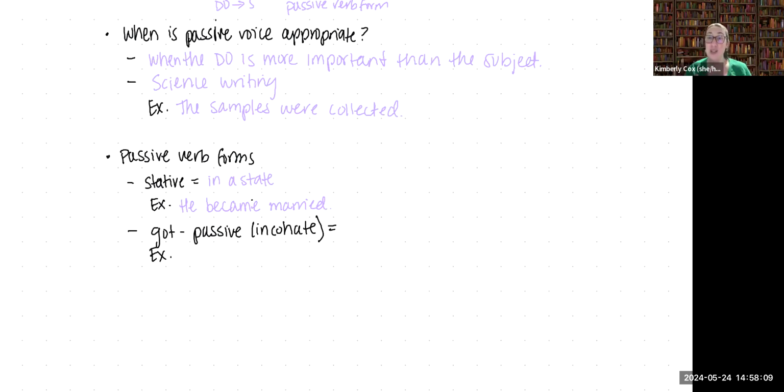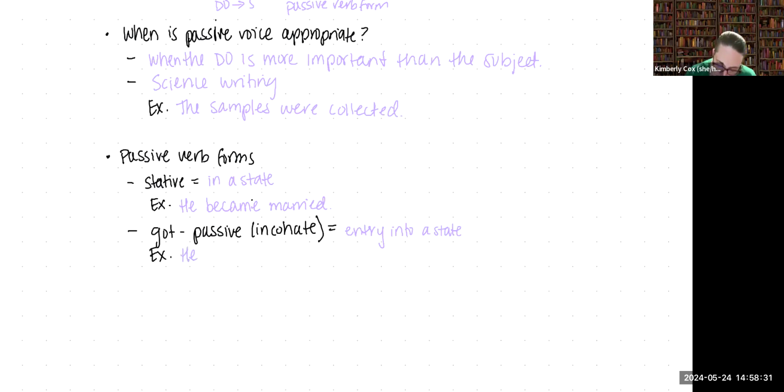We also do this using the auxiliary verb got, which is technically, in linguistic terms, called the inchoate passive verb form. But basically what this marks is an entry into a state. And we do it especially in speech all the time.